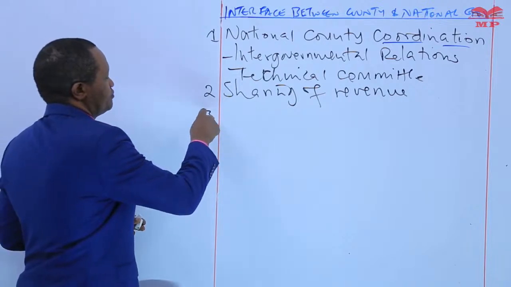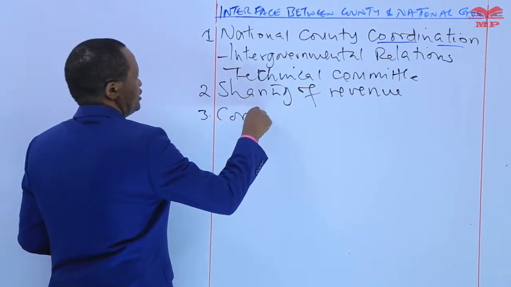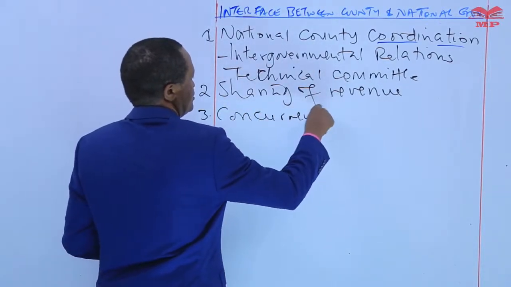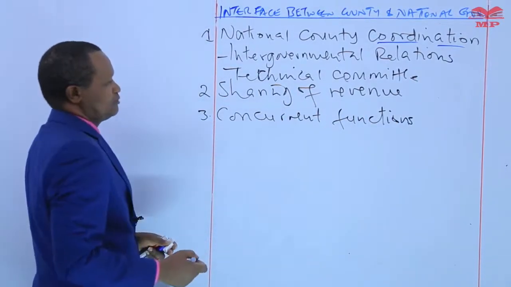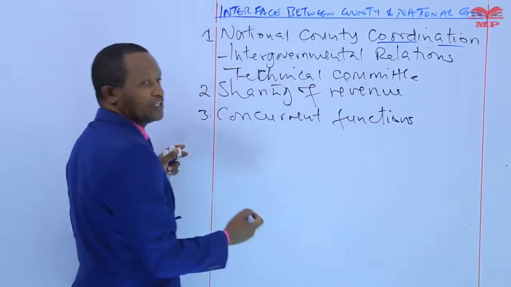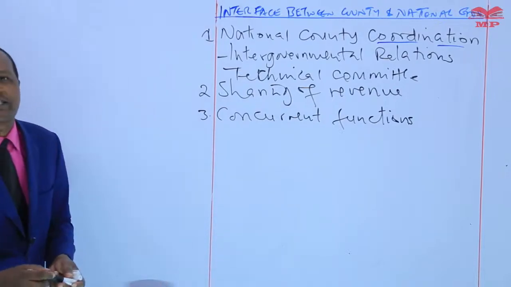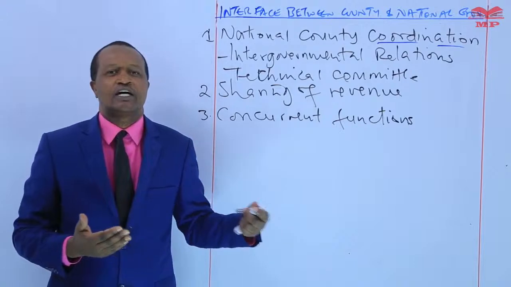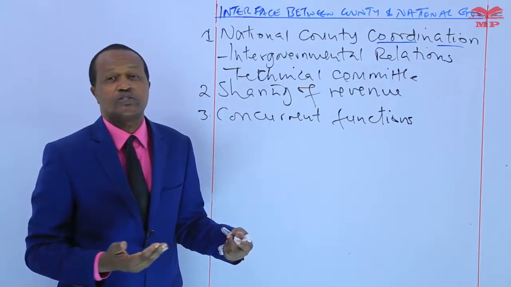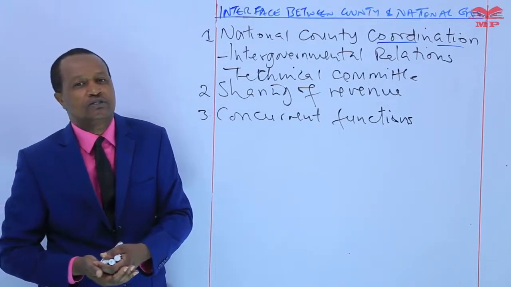Number 3, concurrent functions. Concurrent functions, not current, but concurrent. Some functions are shared between the national and county government, such as agriculture, health, trade, and industry.